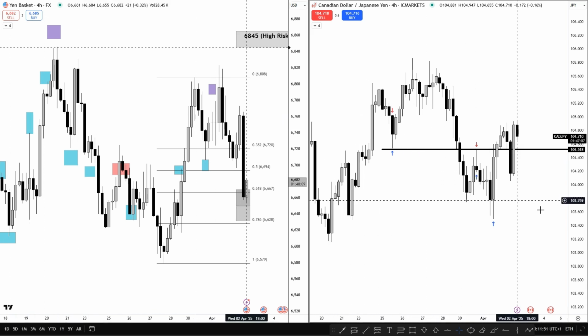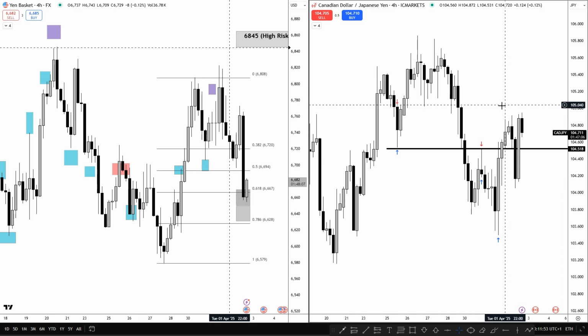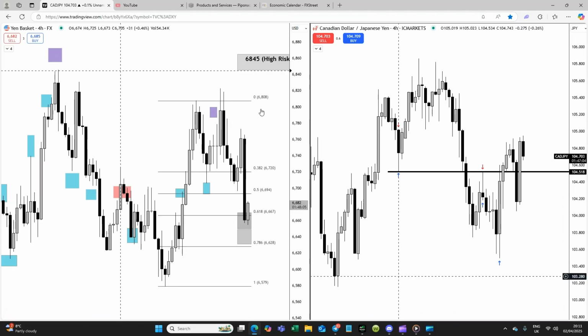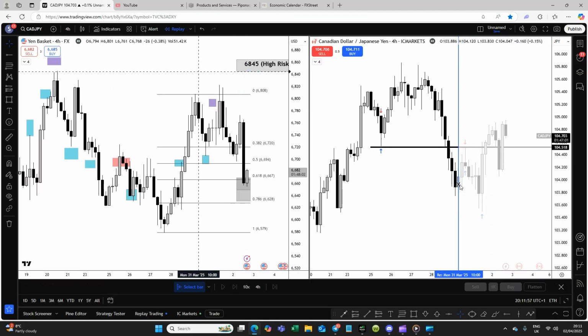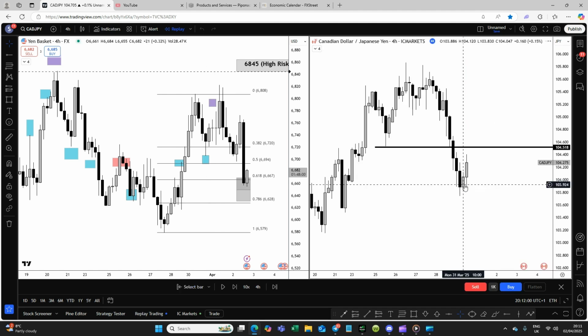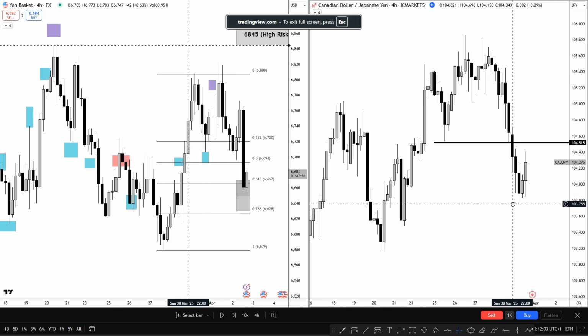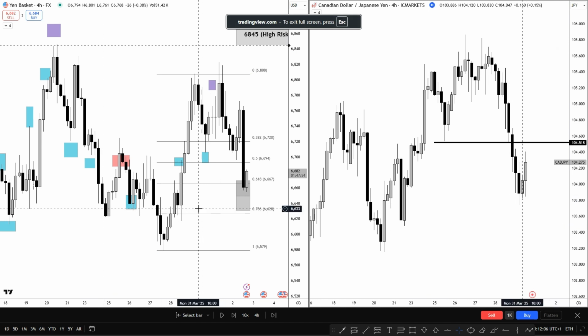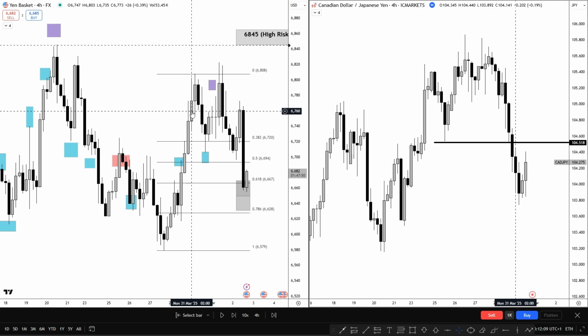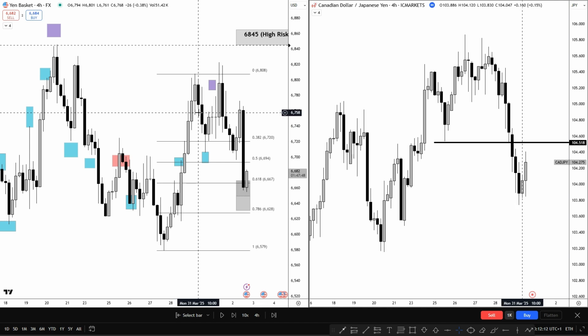If we go over to the right-hand side of the screen, this is the Canadian dollar yen. If I go into replay mode one moment, I will show you the thought process behind why this happened. If we go into full screen and I hover over the left-hand side, you can see that the right-hand side moves in accordance with the candles we are talking about.